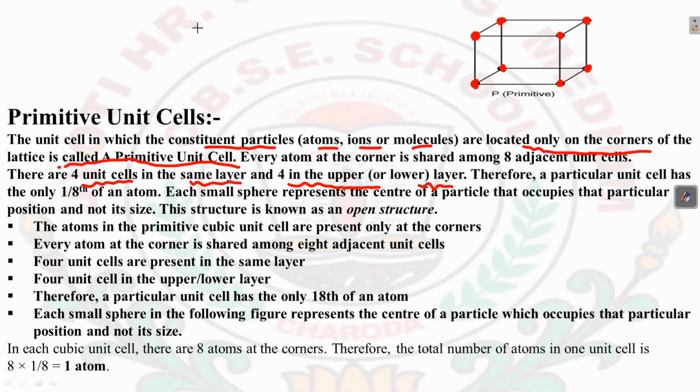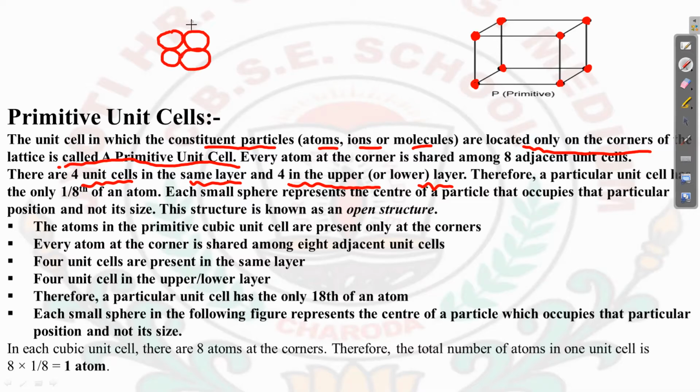Let me make it easy. Let's take 1, then 2. This one circle shows a particle, the second circle shows the second particle, the third shows the third particle, and the fourth shows the fourth particle.